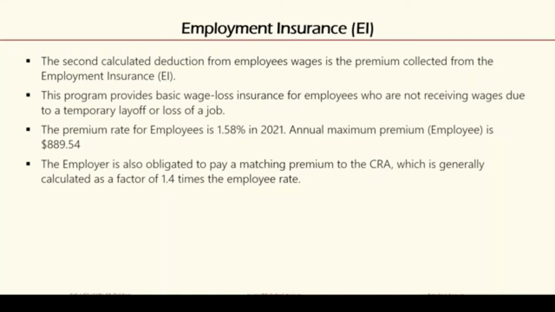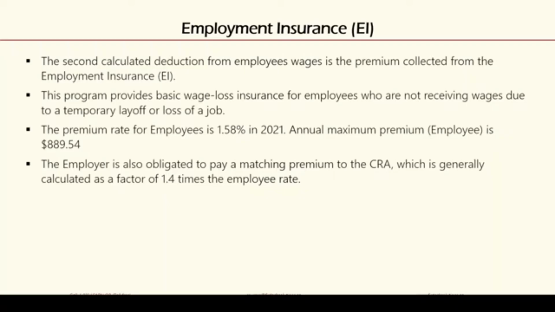This program is run by Service Canada, monitored by Service Canada on behalf of the CRA, and it is like an insurance for those employees who have lost their job, or there is a temporary layoff for them, just to help them out. That is what employment insurance is.